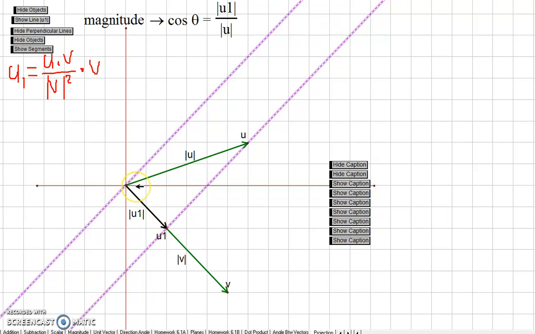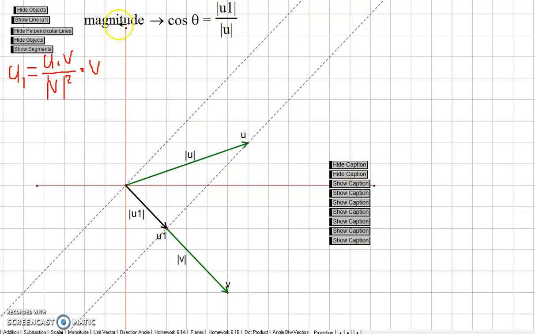So if this is theta, cosine of this angle should equal the adjacent side, which is u sub 1, over the hypotenuse, which is the magnitude of u. So this fraction is very true: cosine of theta equals this fraction.